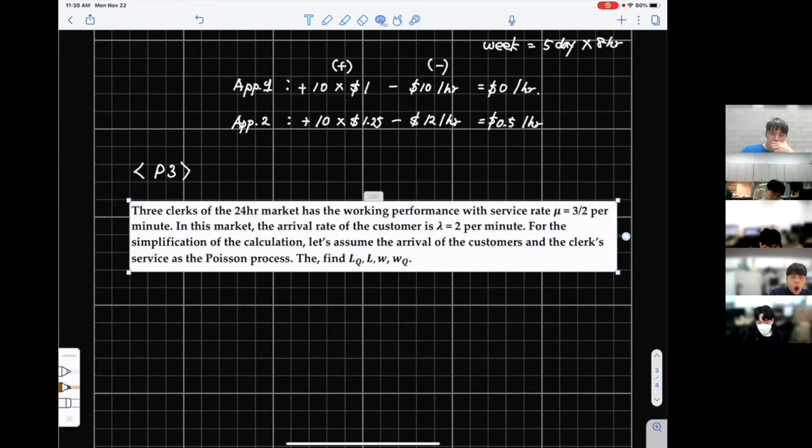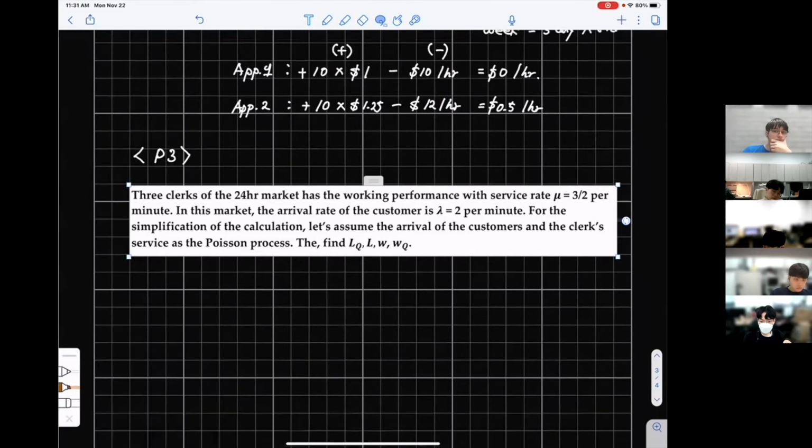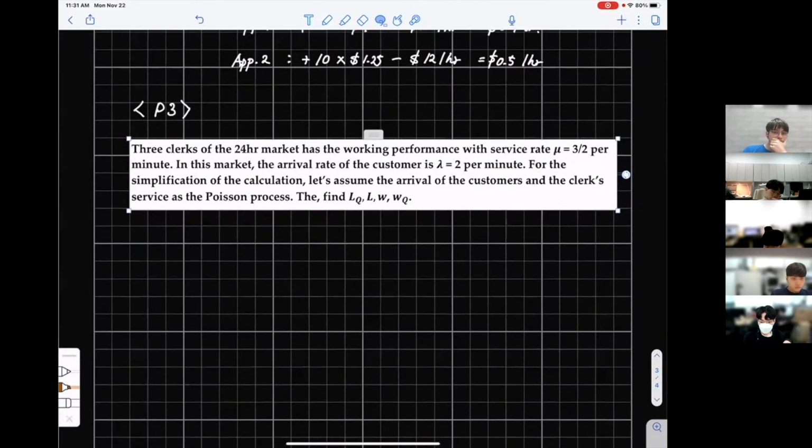Even though the problem asserts this is for simplification of the calculation, it is not so simple because the formulas that we have to use are a little bit complex. So let's see what is happening in this problem.